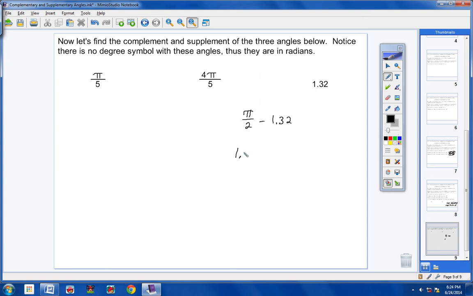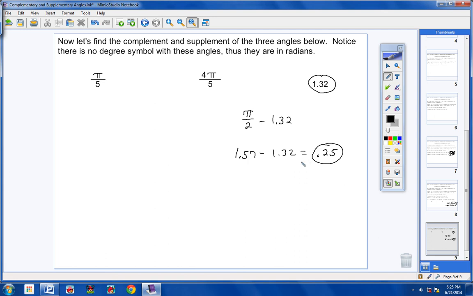So I really have 1.57 minus 1.32. And of course, if you type that in correctly, you will get 0.25. Now this is an approximation because really we rounded for pi. We used 3.14, but either way, 1.32 and 0.25 are complementary angles, okay?